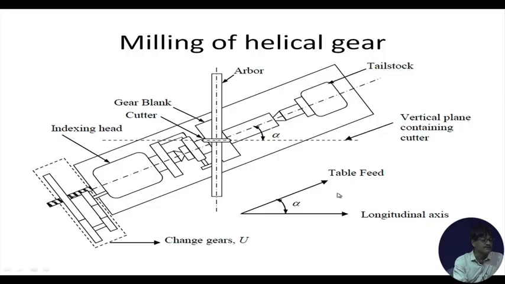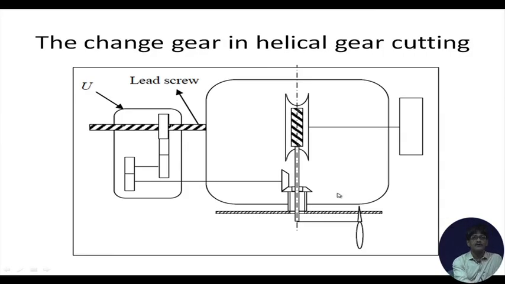So, now for the calculations. Those who have had problems understanding what we mean by locking of the index plate with the index crank, here is a quick view. This is our job, this is our worm and worm gear, and this is our index plate, and this is our index crank. If you follow from the lead screw, the gearbox is connected with the index plate through these two bevel gears.